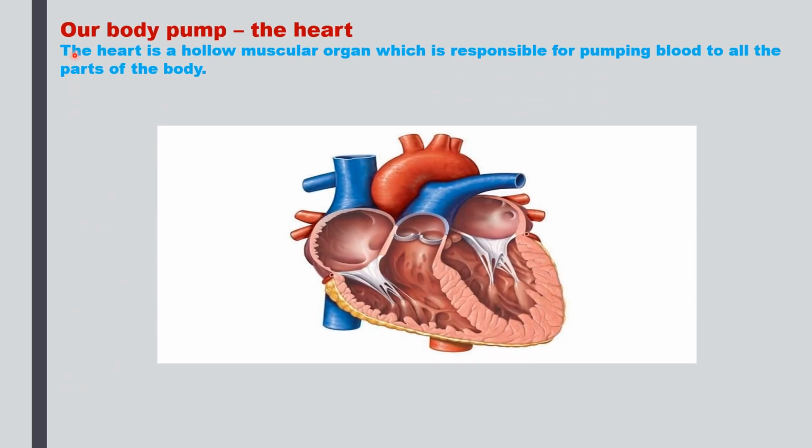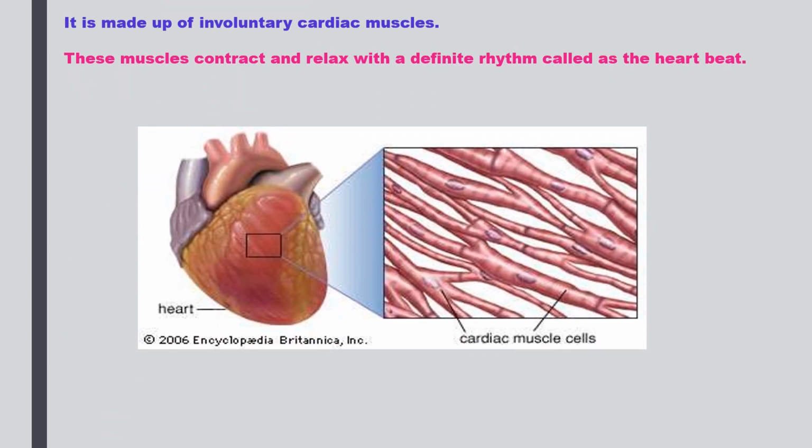So let us study about our body pump, that is the heart. The heart, you can see, is a hollow muscular organ. It pumps blood to the different parts of the body. The muscles of which the heart is made up are called the cardiac muscles, and these are involuntary muscles because these muscles are not under the control of our will.